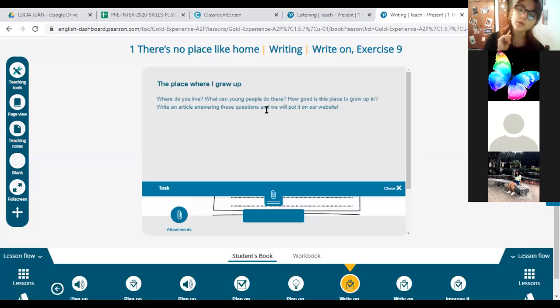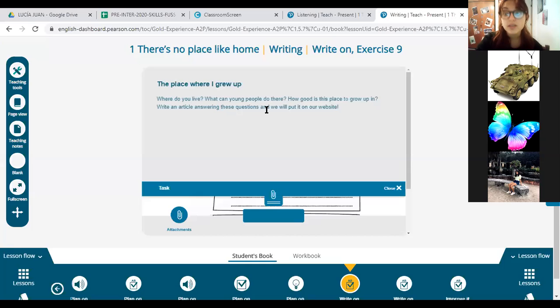So remember the website we were reading, the first website that was going to be posted on a USA website for other kids in other schools to read? Yes. So you're going to write about the place where you grew up. You're going to describe it.